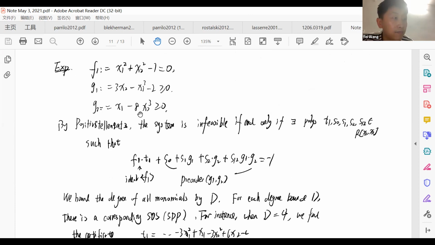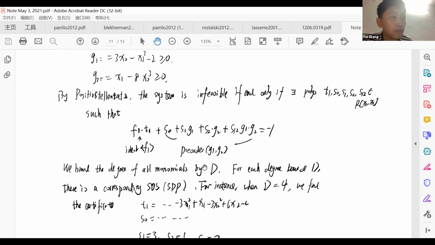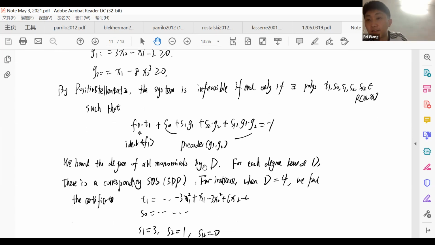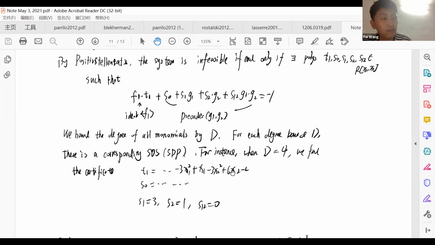This is because of the Positivstellensatz. For some degree, there must exist this polynomial. So for D large enough, eventually you will be able to certify its infeasibility.